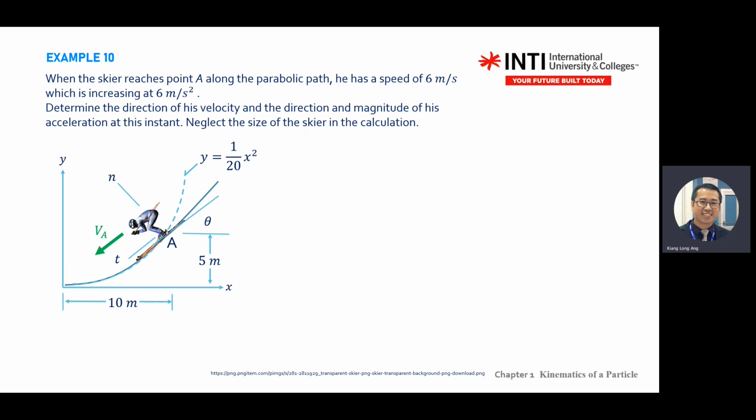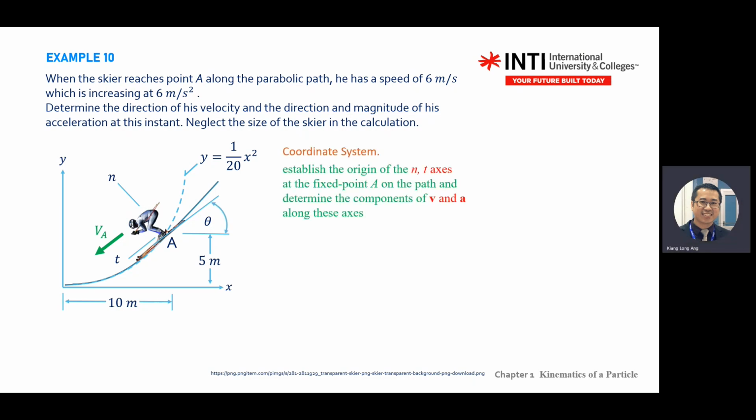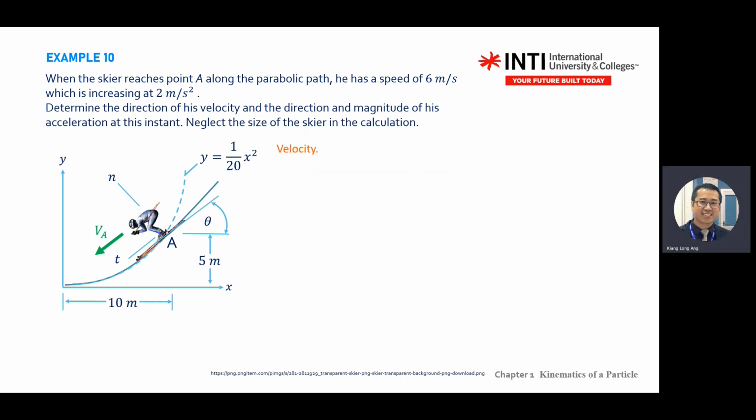This theta is along your tangent axis, it's actually overlapping your tangent axis, because we freeze the time at that particular moment, then we put in the normal and tangent axes. We start to set up the coordinate system. You put all this in your solution. You represent this object as a dot or a cube, then we start the analysis.